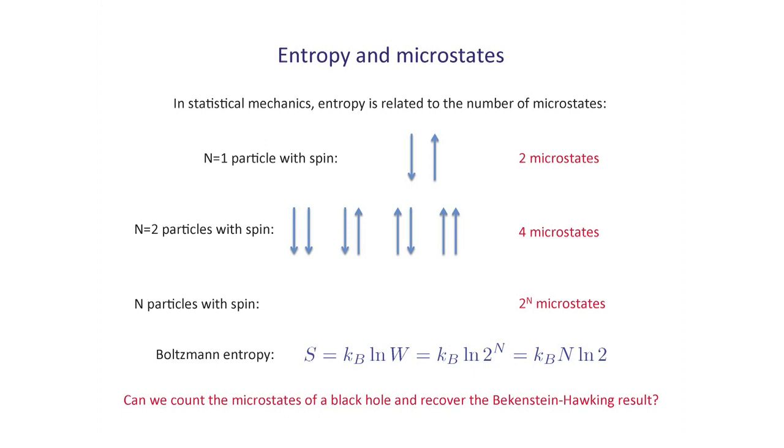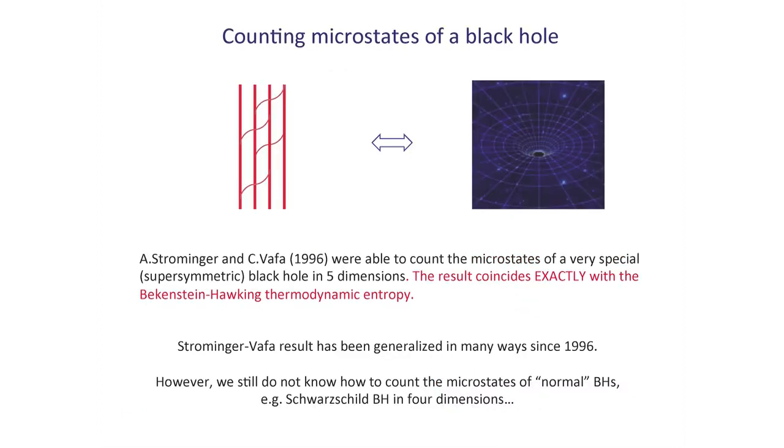This is a fundamental question, and people have attempted for many years to solve this problem, and there is partial progress in this direction. In particular, the strongest one probably is by Strominger and Vafa in 1996. They were able to count the microstates of a very special supersymmetric black hole in 5 dimensions.